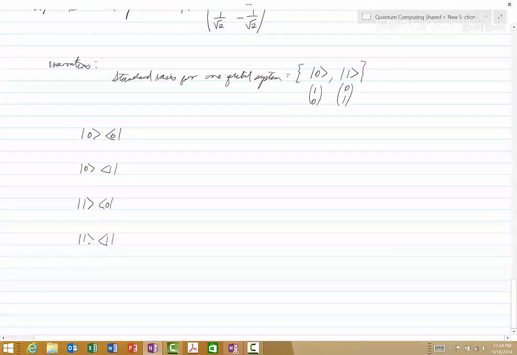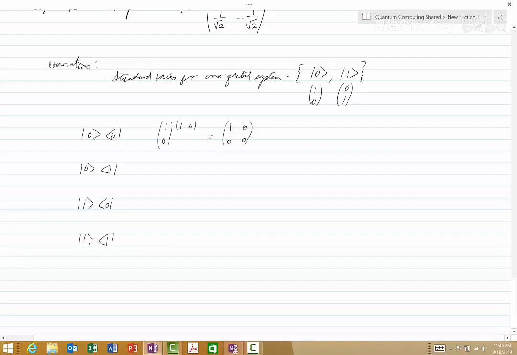Those are 4 operators that form a basis for the set of all the operators that we could have operating on this 1 qubit system. And if we look at the matrix form for each one of these, well, here we would get 1, 0 times 1, 0, which would give us 1, 0, 0, 0.